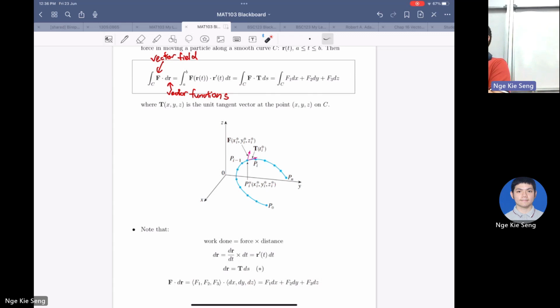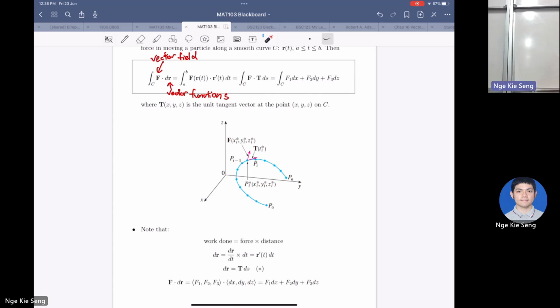Is it okay? Or maybe you want to ask a question: why do I put the dot product here? Why do I consider the dot product? F is a vector. dr is a change in vector direction. So how do you put these two vectors together? What way can you use?